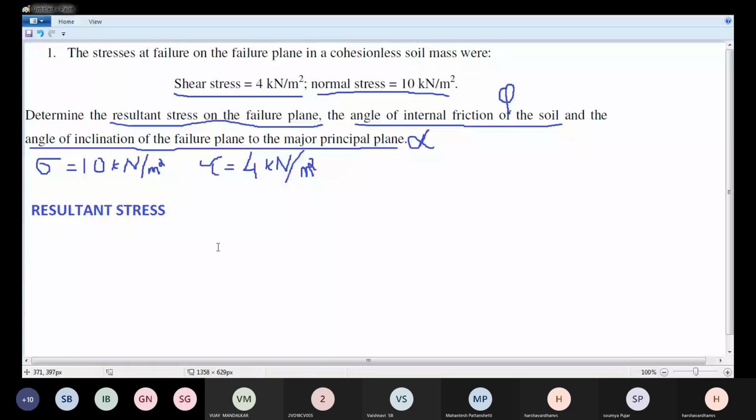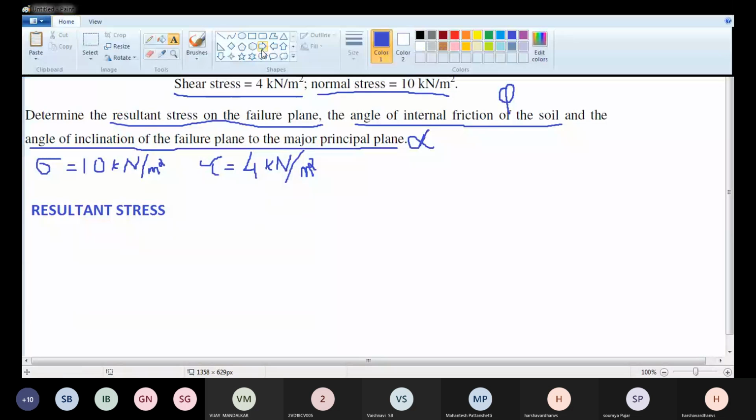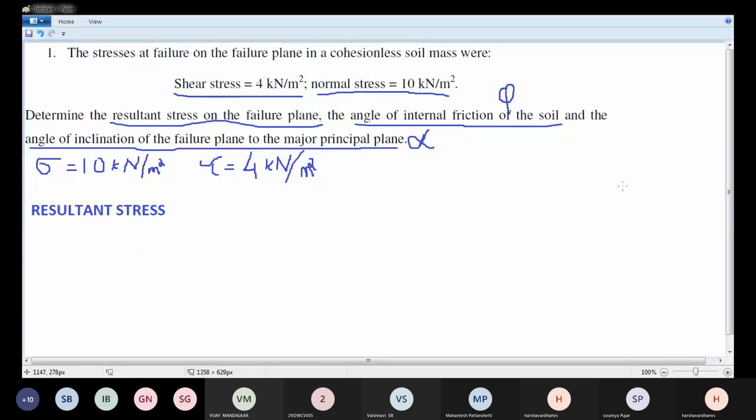Now normal stress is acting in the vertical direction, and shear stress, we'll assume, is acting in the horizontal direction. So the angle between normal stress and shear stress, I'll give you an example. If this is the soil mass, this is my normal stress, and because of these normal stresses, shearing stresses are induced, and let's say it is horizontal.